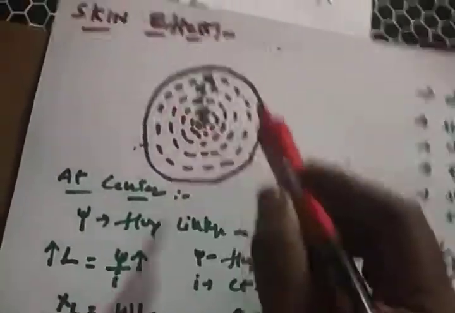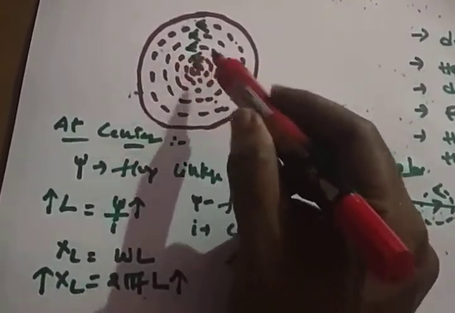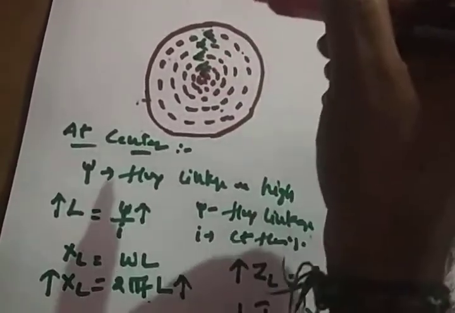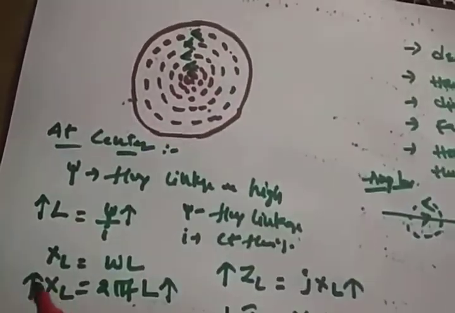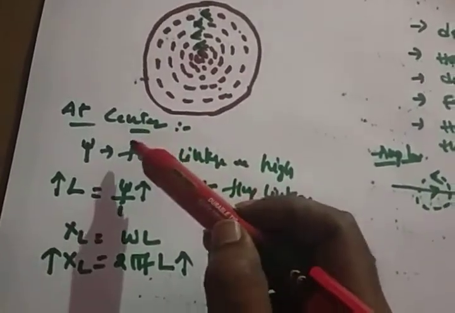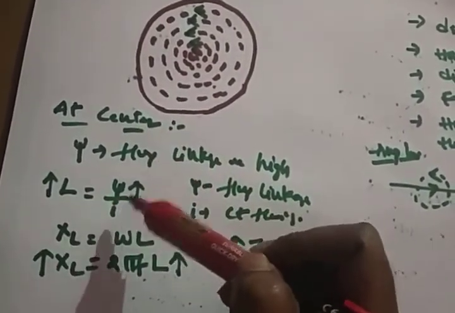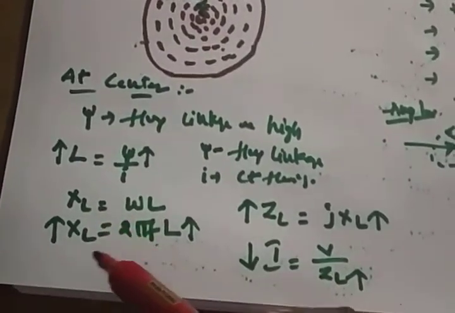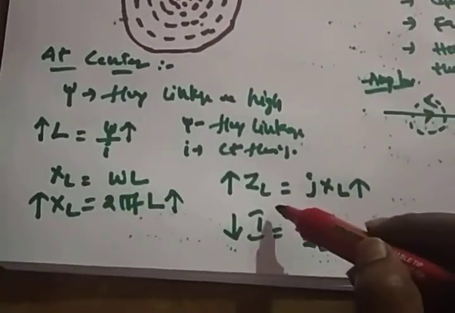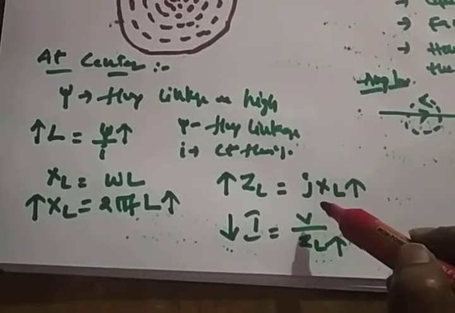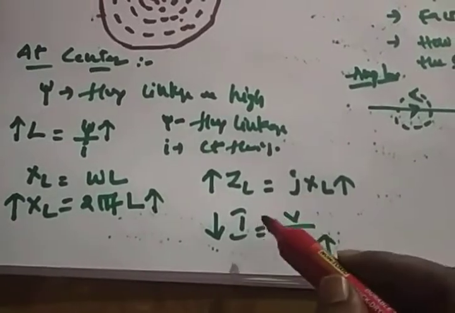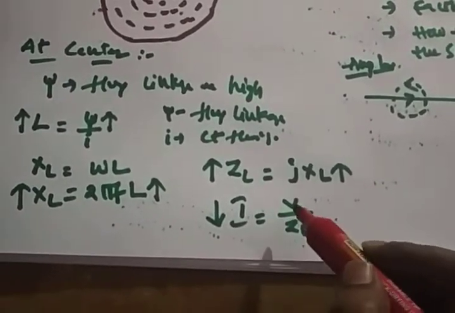At the center, you will have more flux, right? While traveling to the surface, that flux value will be very less. So if the flux linkage is very high, the inductance will be very high. If the inductance is very high, the inductive reactance value will be very high. If the inductive reactance is very high, the inductive impedance value will be higher. If impedance increases, the current value is going to reduce.